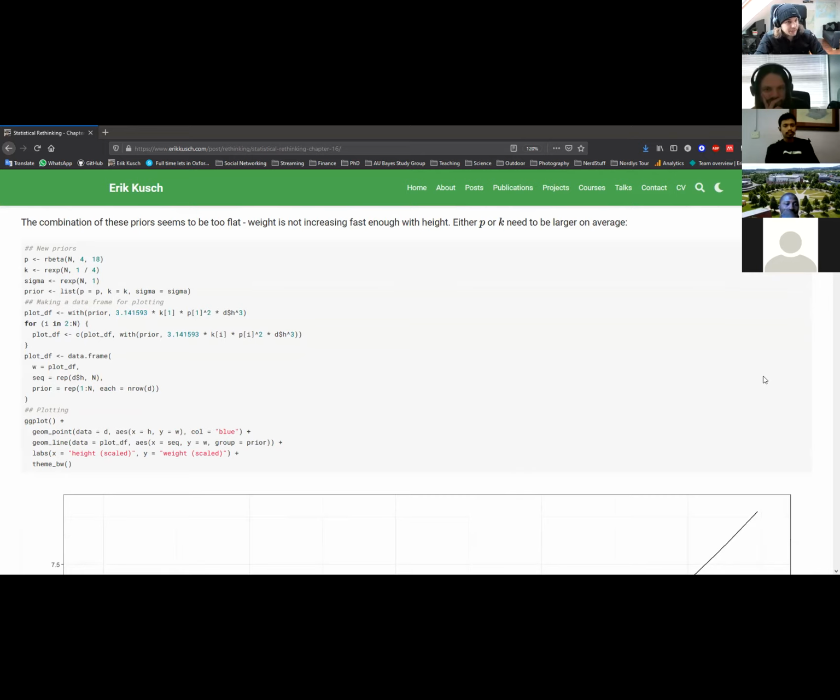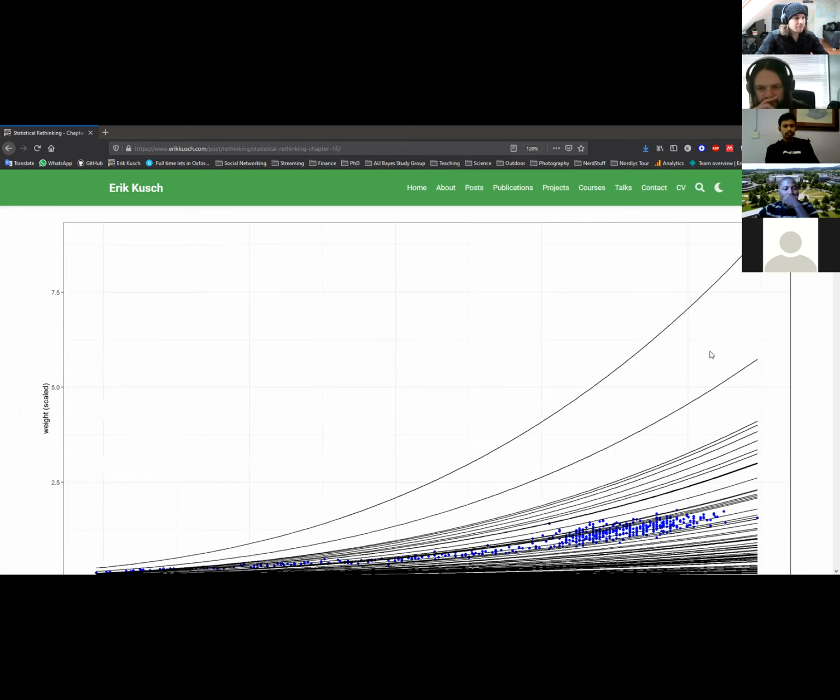So either P or K being the density, and P being radius to height, need to be larger on average for this to just get bumped up a bit.